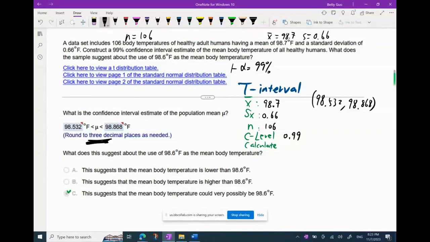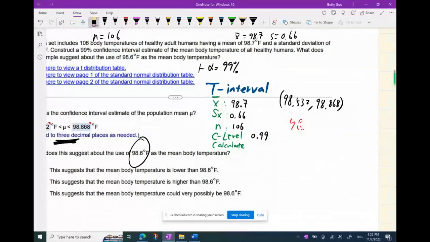What does this suggest about the use of 98.6 Fahrenheit as the mean body temperature? Well, let's see. 98.6 is kind of like a claim, right? If you claim 98.6 is the population mean body temperature, let's see what your confidence interval estimate tells you about this claim.